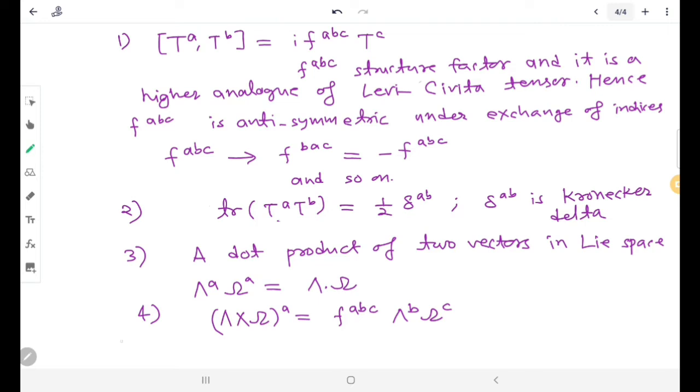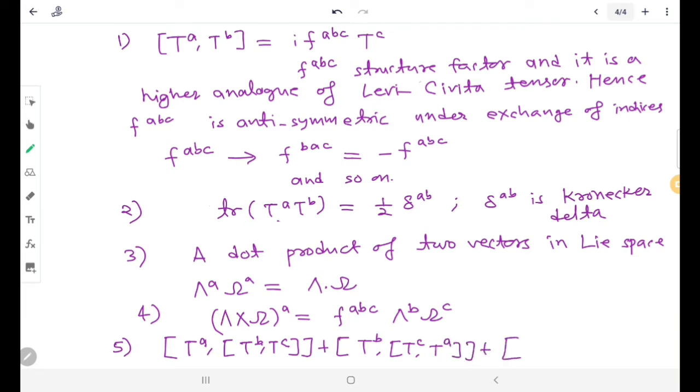And we can have a Jacobi identity as well, as we had discussed in the previous classes. So this is the commutator of T^A and the commutator of T^B and T^C, and then plus, in place of A we write B, in place of B we write C, in place of C we write A, and so on cyclically, and this is equal to 0.